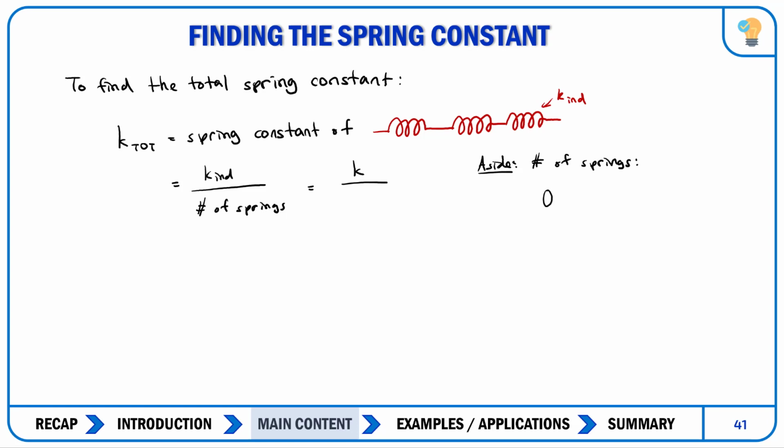We had our L here, and each one of these was A naught. So that means we have L divided by A naught.